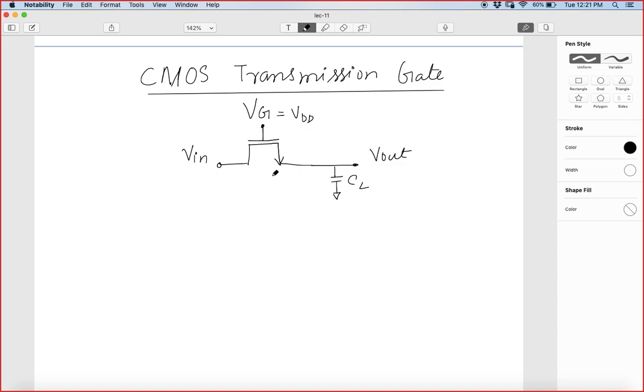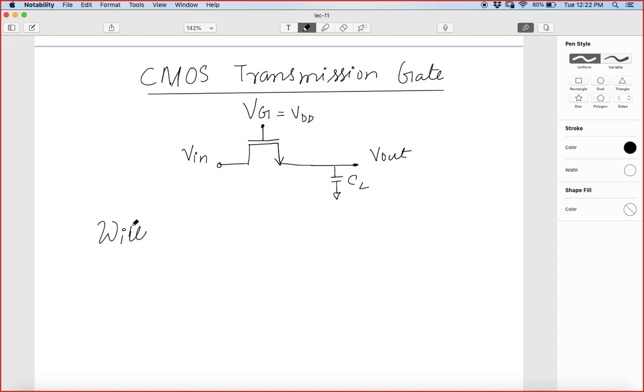Now we have to understand what happens here. Does any voltage that I apply here eventually become the same as V in? Is V out equal to V in? Suppose I give some time for this capacitor to charge, then will V out be equal to V in? That's my question.